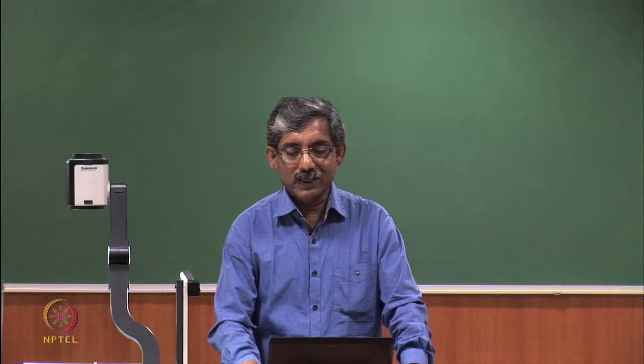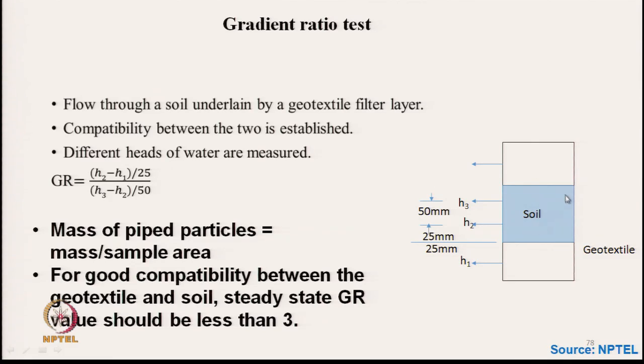So, here to assess this, the system is that the total depth of the soil is 50 millimeter, 25 millimeter and another 25. So, total 100 millimeter depth of soil is there, and then below that we place the geotextile, and here it is water.